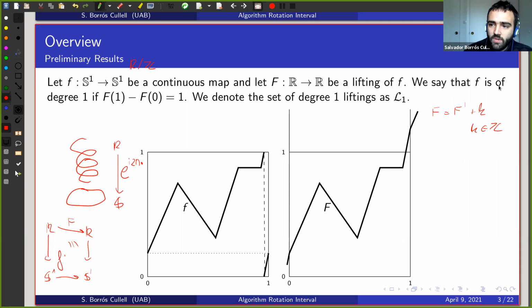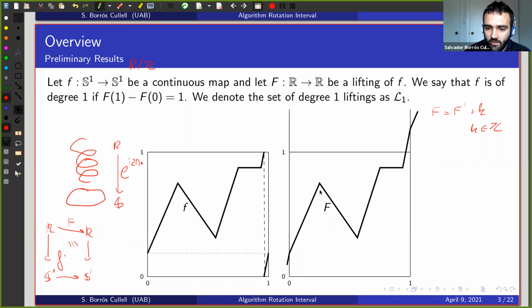And we say that F is of degree 1 if F of 1 minus F of 0 equals 1. I think it's easier to understand with an example. Here we have a circle map. Note that it's periodic, and the upper bar is identified with the lower bar.